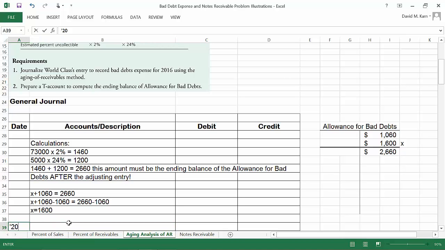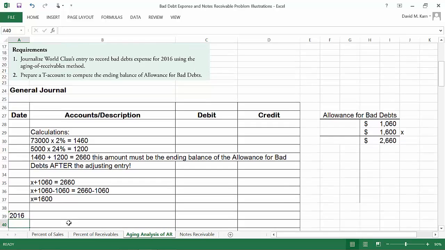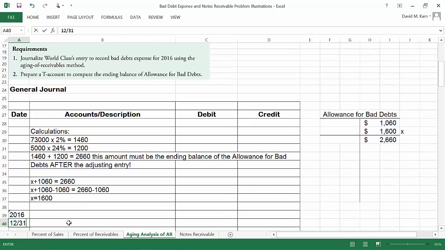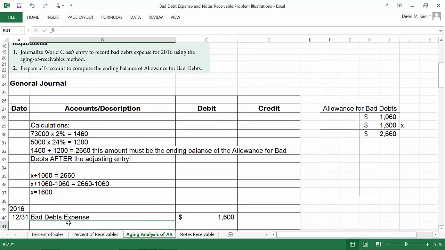So again, we're in 2016, 12/31. We will debit our bad debt expense for 1,600 and credit our allowance for bad debt.